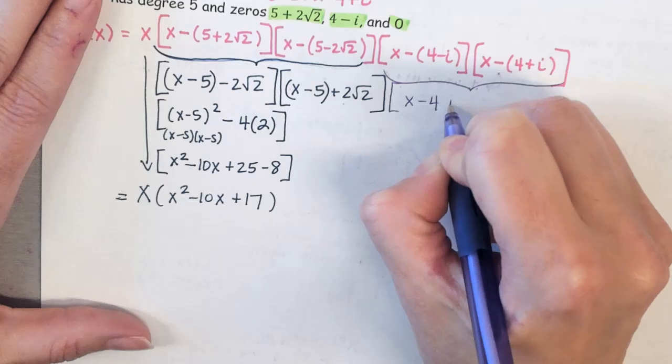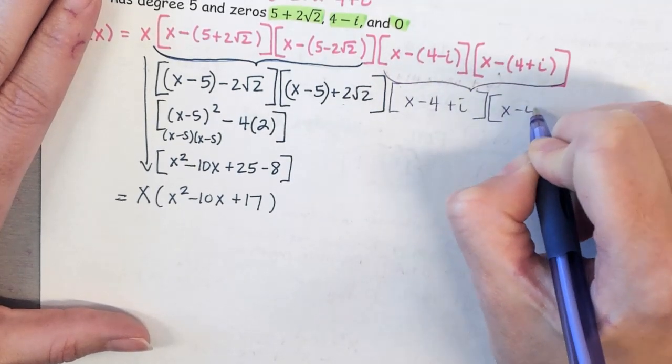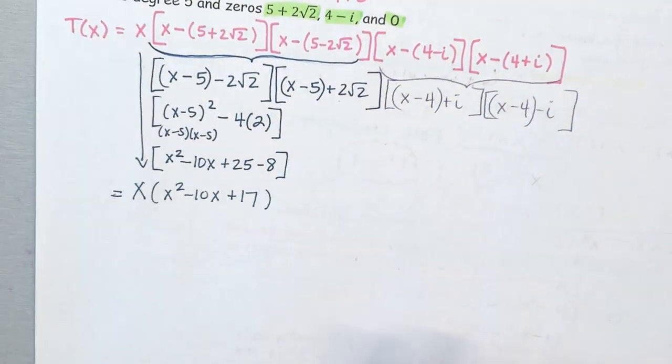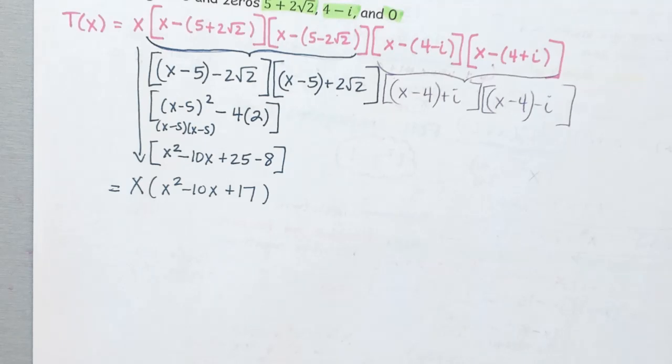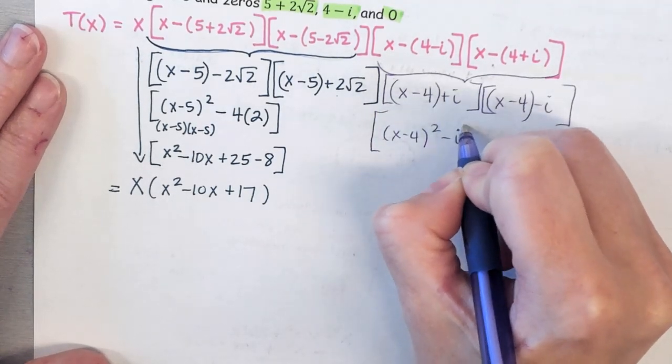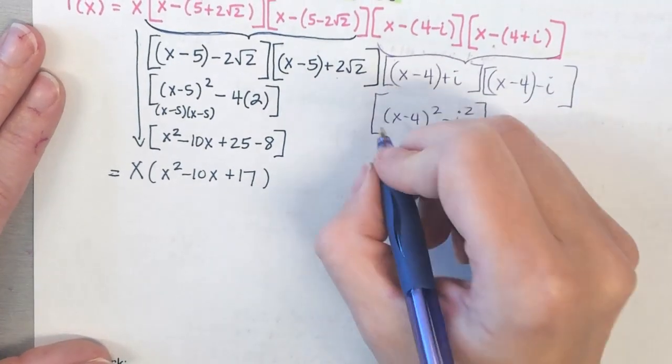So x minus 4 plus i, x minus 4 minus i. Okay, so I want you to try doing this by yourself, okay?